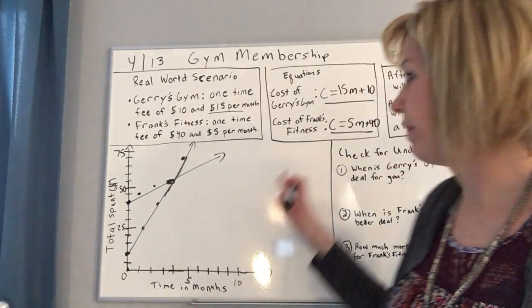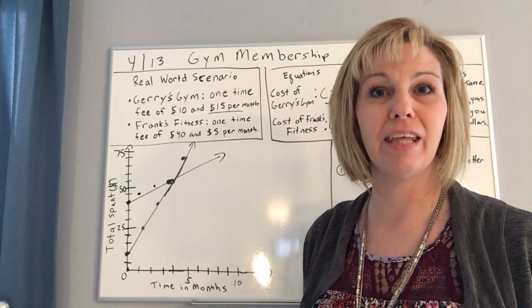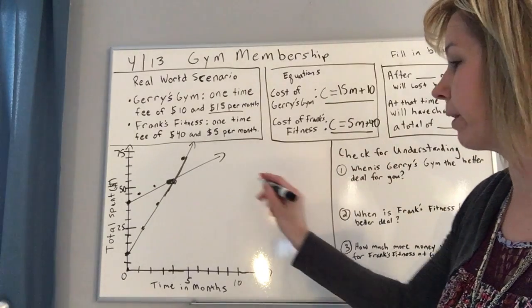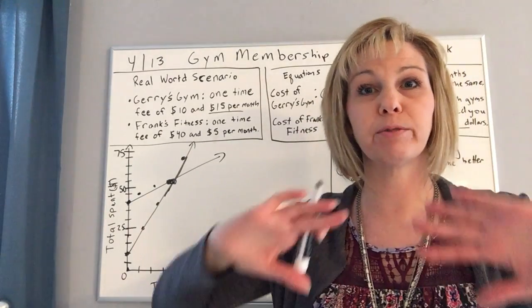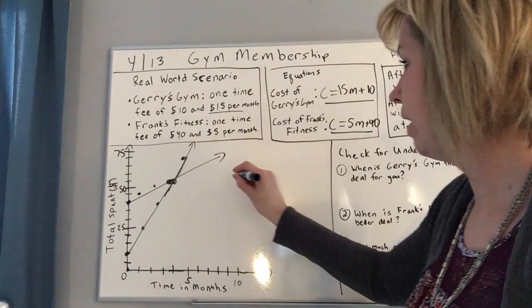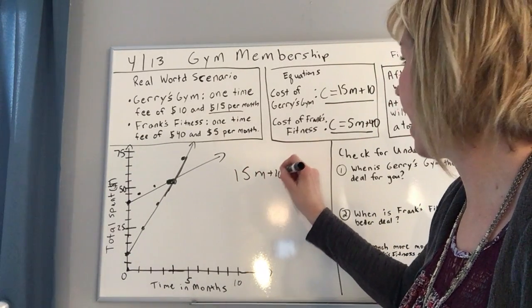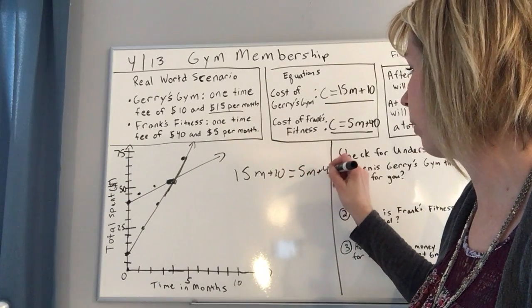But then we're also going to solve it like we did last month to check what this point of intersection means. Since they both equal C, we're going to use substitution and set them equal to each other. So we're going to say 15M plus 10 equals 5M plus 40.